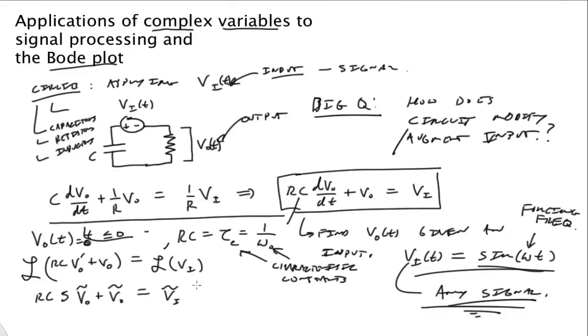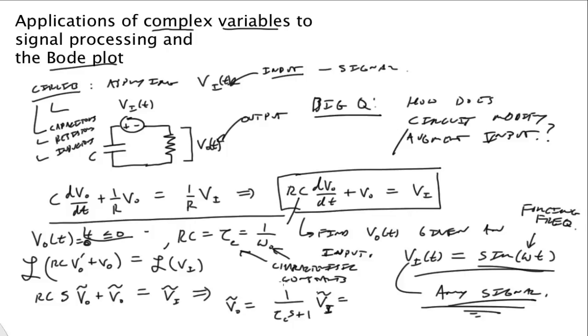We can rewrite this a little bit further and say that V out tilde is going to be 1 over tau c s plus 1 times V in tilde.